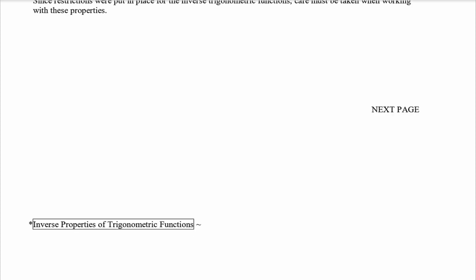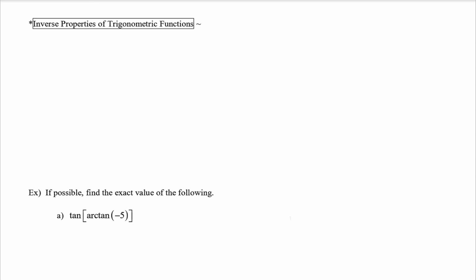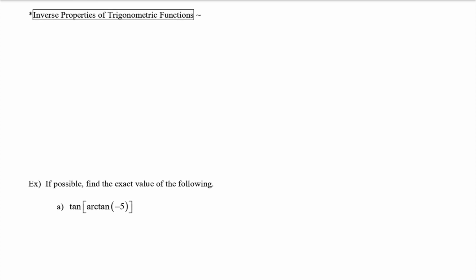So let's revisit that definition and see when we actually can use it and when we can't, because of all these restrictions we placed on it. Okay, so for example, let's say I take the sine function and I input inverse sine.